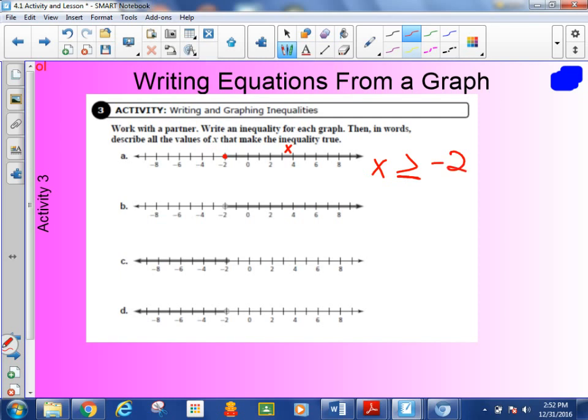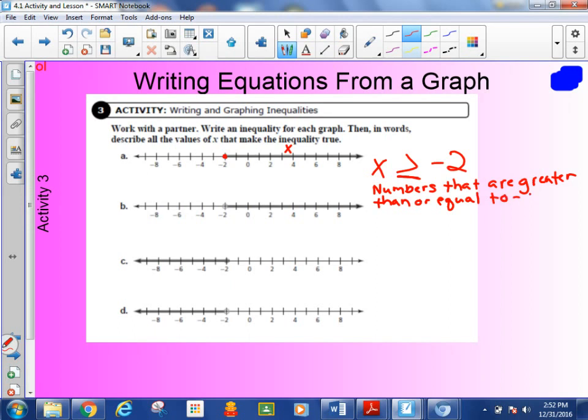It says, then in words, describe all values of X that make the inequality true. So numbers that are greater than or equal to -2.